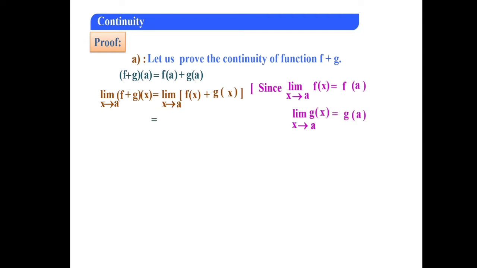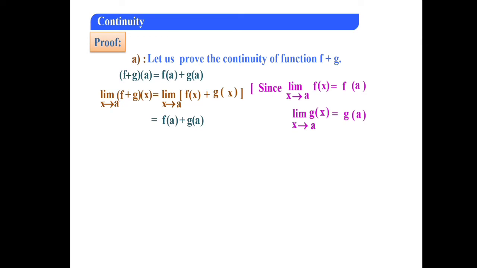So using properties of limit, limit as x tends to a of f of x plus limit as x tends to a of g of x can be written as f of a plus g of a.